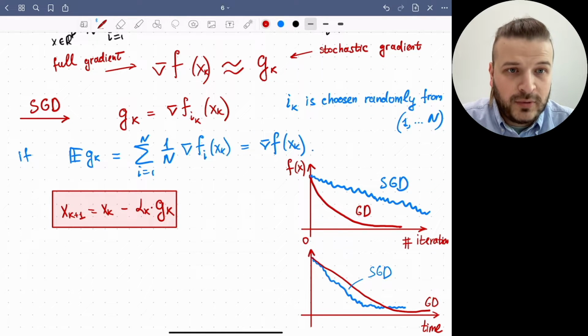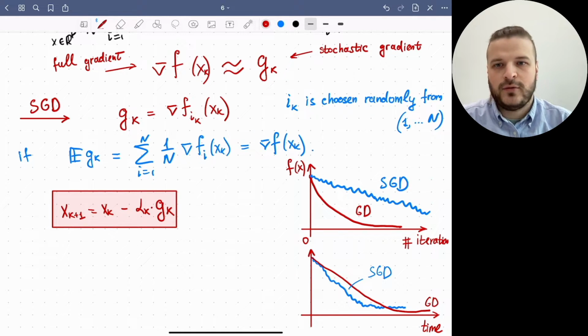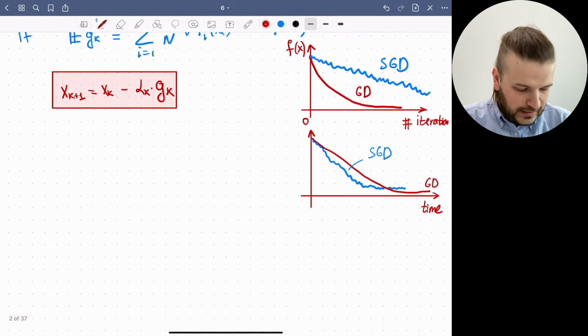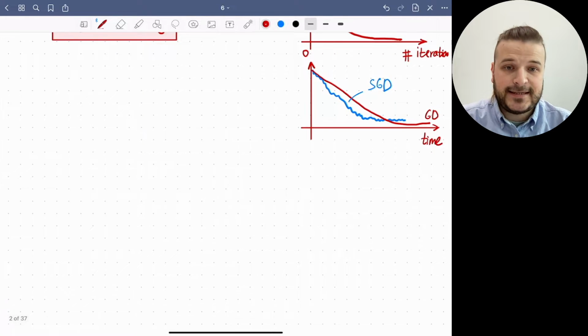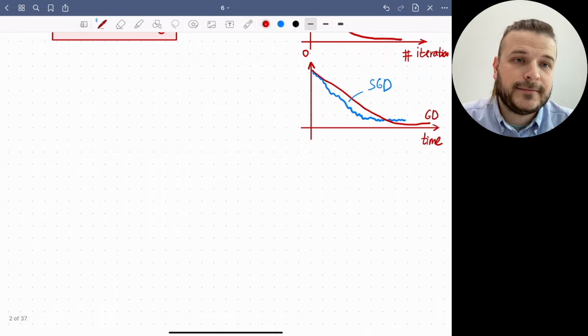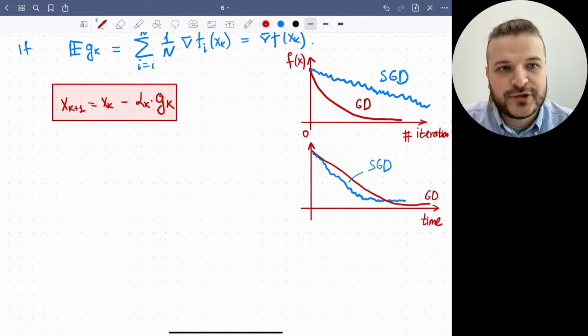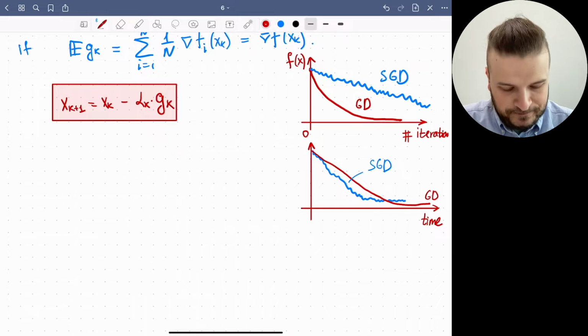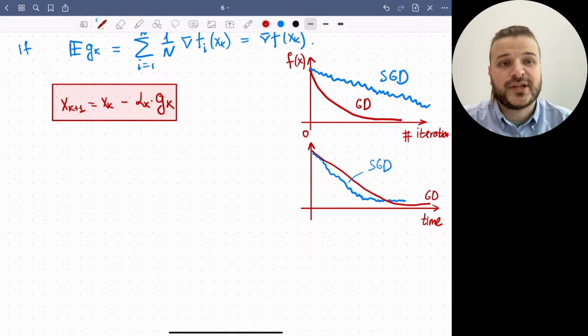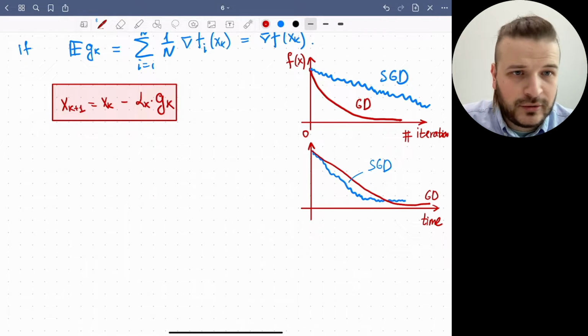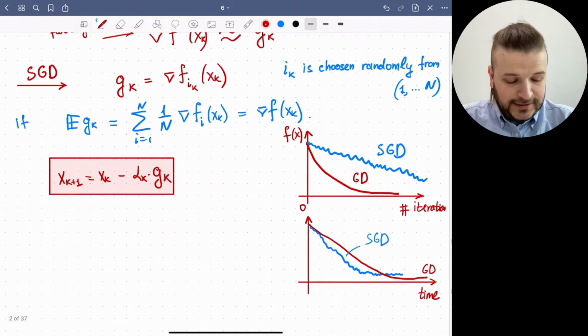But that's a common problem for gradient-based algorithms. Okay. An interesting idea here is to introduce the concept of mini batch, or just the batch.